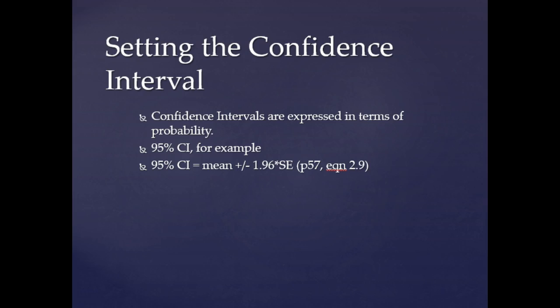And so for this formula, take a look at page 57 in the Field book, and it's equation 2.9. So for a 95% confidence interval, we're going to take the mean, plus or minus 1.96. So this is where that 1.96 from earlier comes into play, times the standard error.